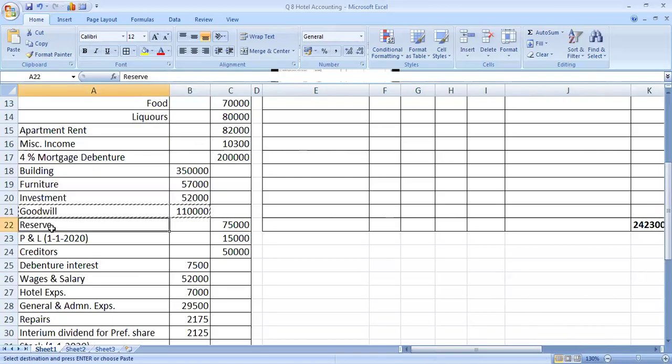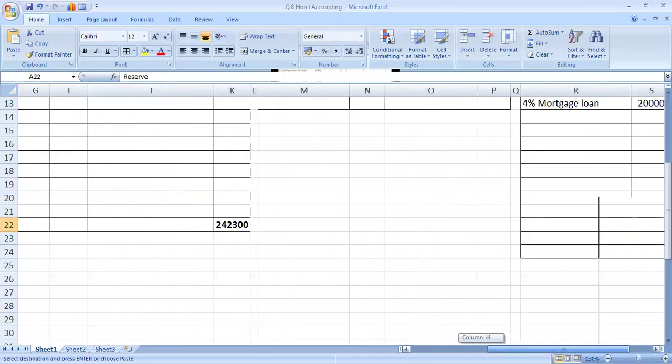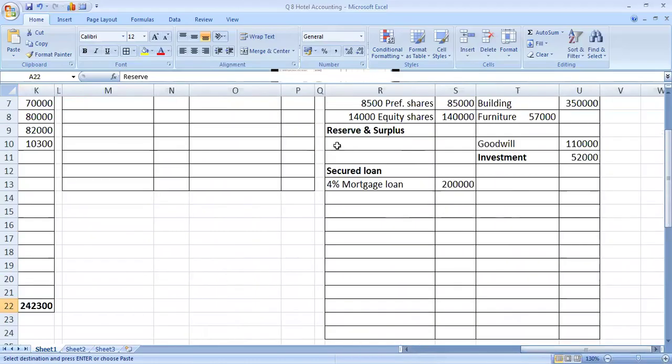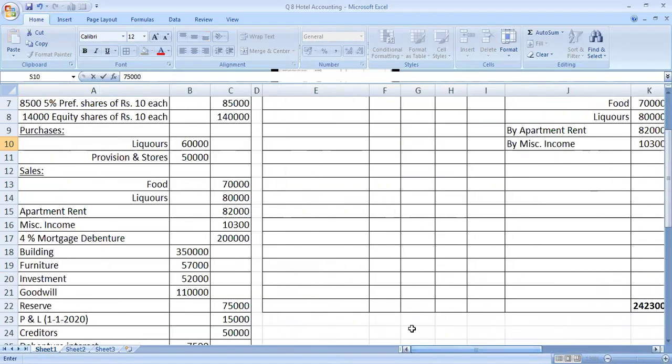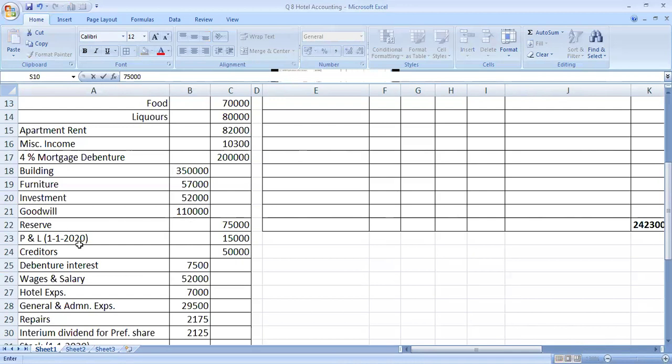Next, reserve. Reserve is a liability, goes to the balance sheet liability side under the heading of reserve, amount rupees 75,000. Next item, opening balance of profit and loss account 15,000.